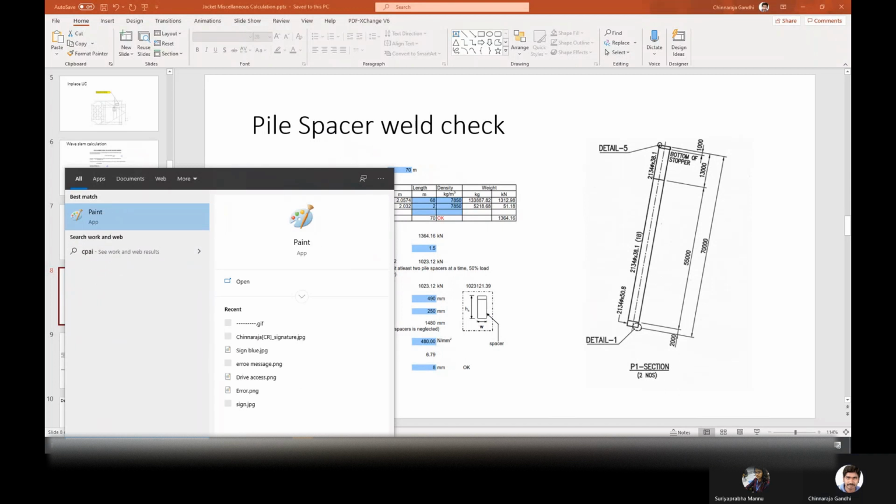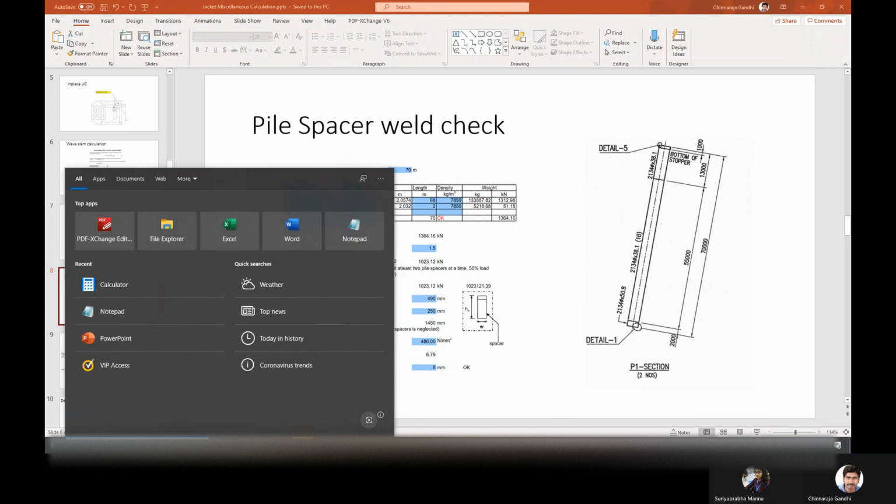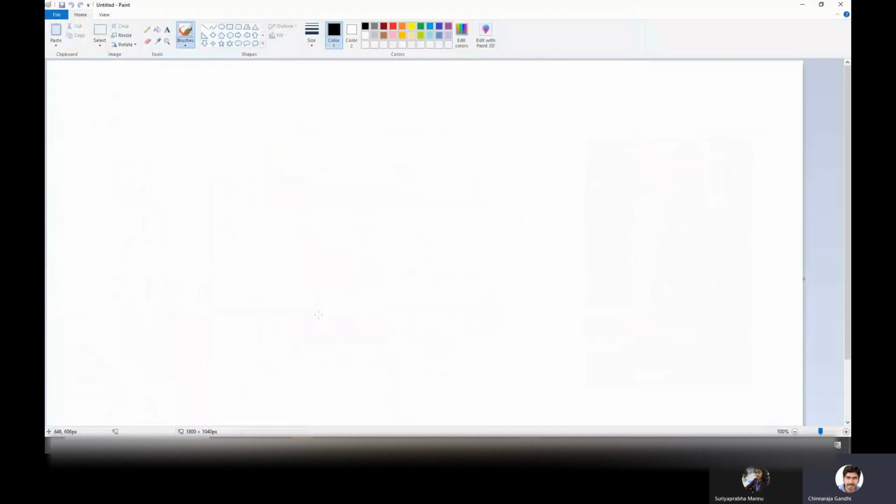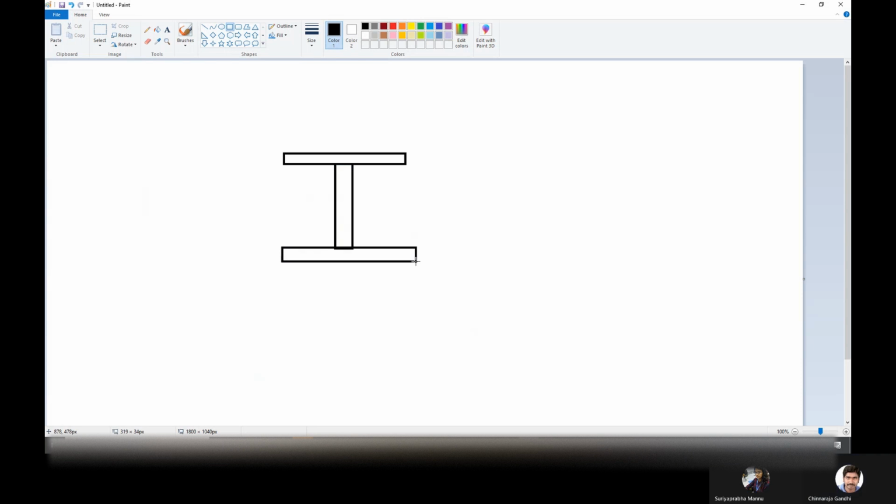Suppose this is some I section. For this I section, the area we are considering here is only the web area.